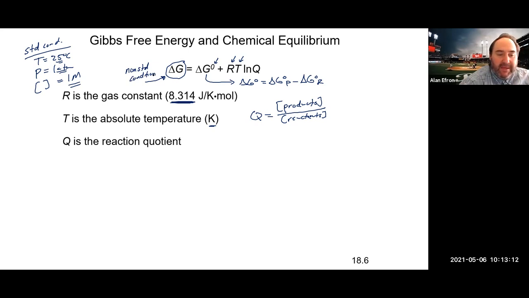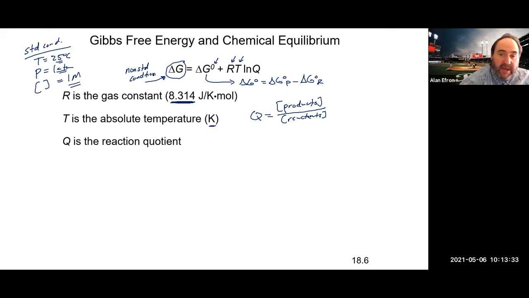There's maybe a temperature that's not 25 degrees. Maybe you're doing something where pressures aren't all 1 atmosphere, or maybe the molarities are not all 1 molar. So you can see the effect on the delta G by playing with concentrations or pressures or temperatures.